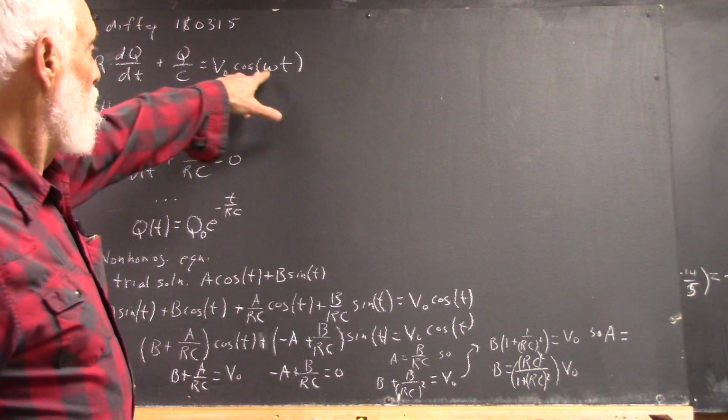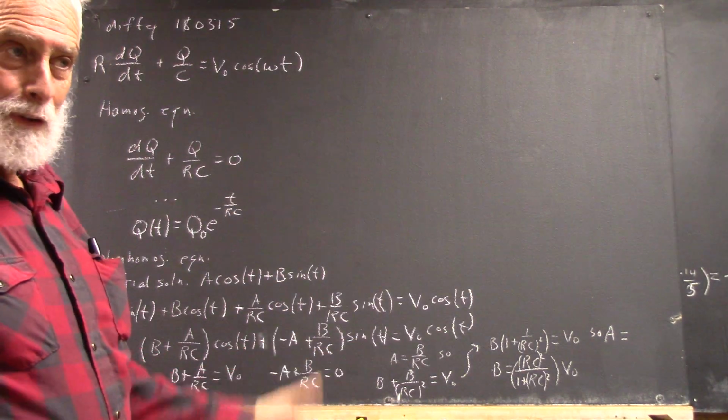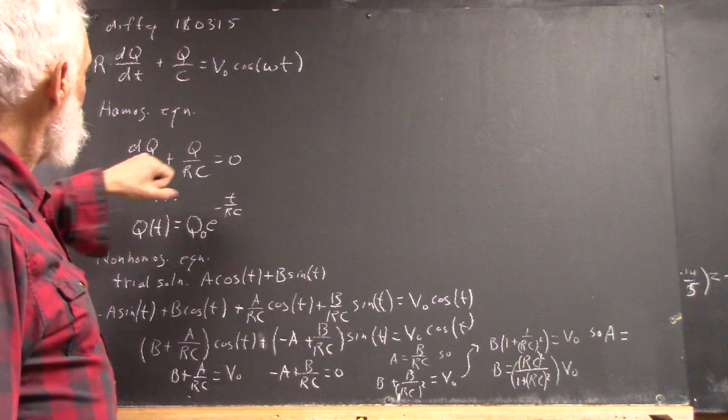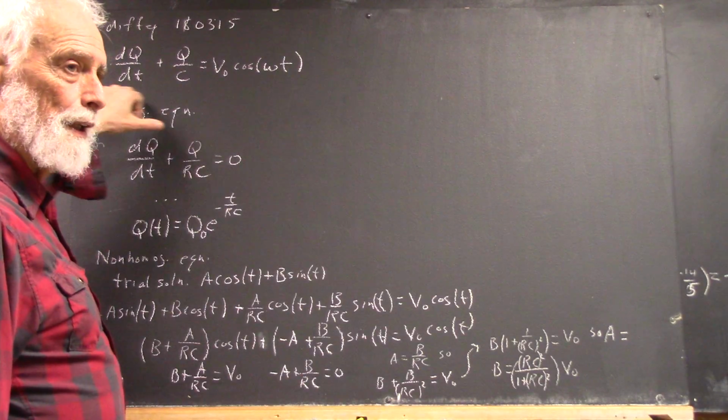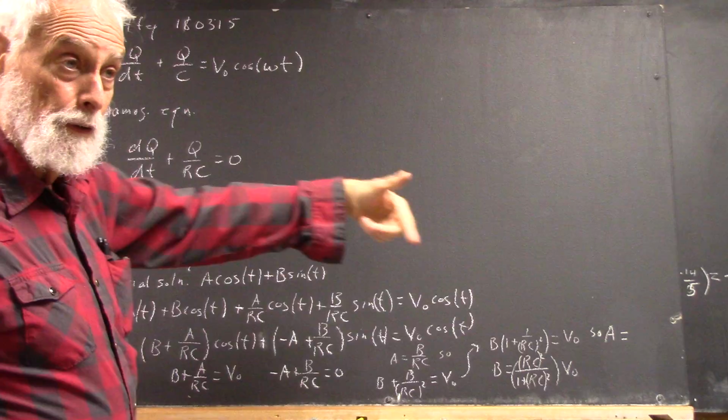So I'm going to repair that by throwing in an omega here, which I was inclined to do originally. And this is like you're driving a circuit with a capacitor and a resistor with an alternating current.